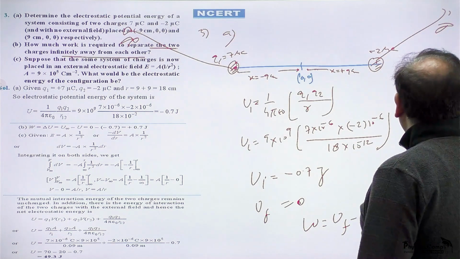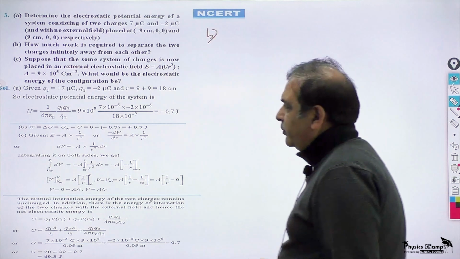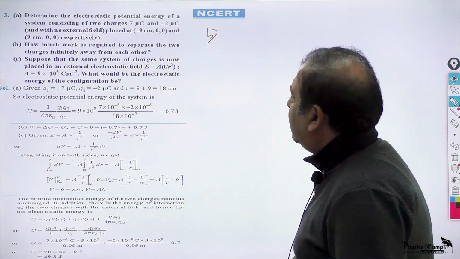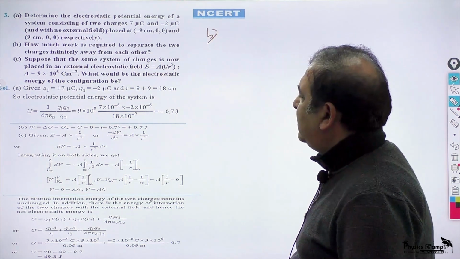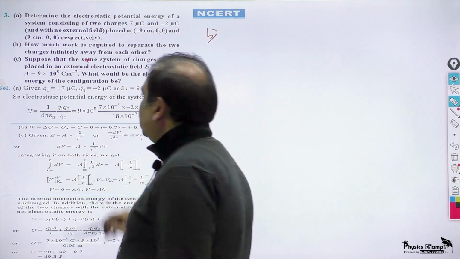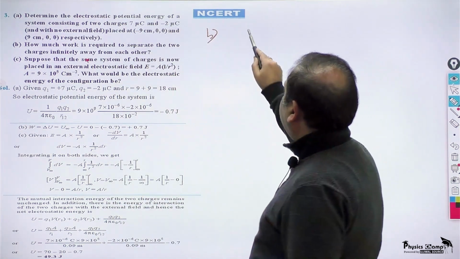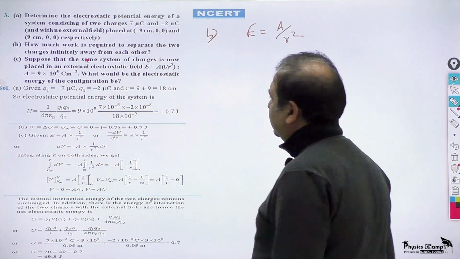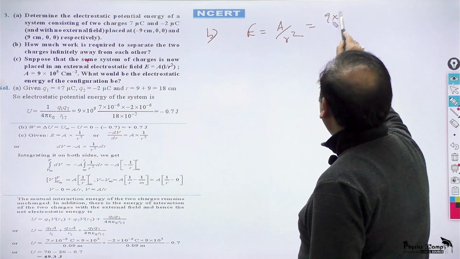Now part B of the question is interesting here. Part B says, suppose the same system of charges is now placed in an external electric field. There is an external electric field E equal to A by r square, where A has a constant value 9 into 10 to the power 5.